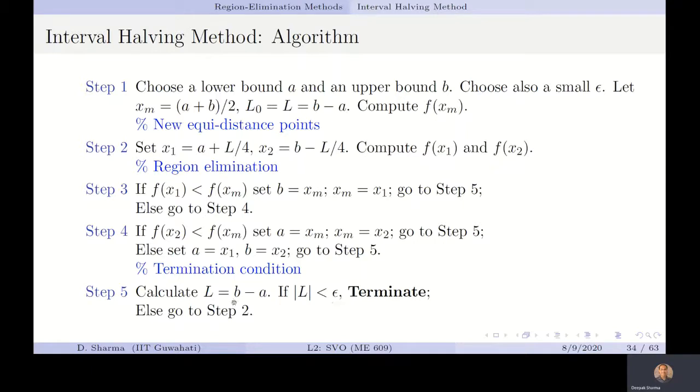L is nothing but the distance between the two points in which the minima will be located. If the condition is satisfied, we terminate the algorithm. Otherwise, we go to step 2: again find the two points which divide the space into four equal parts, check the conditions, and keep on moving till the algorithm terminates.